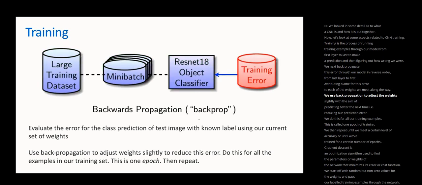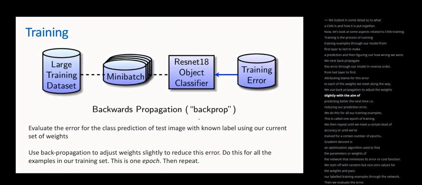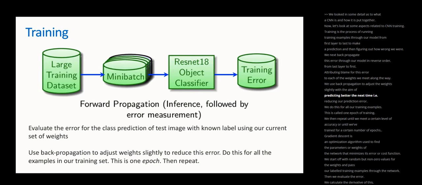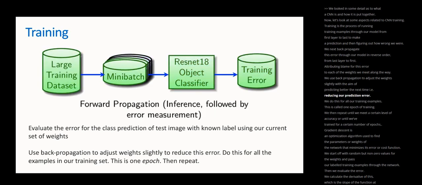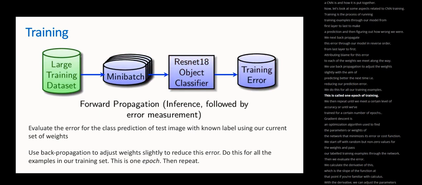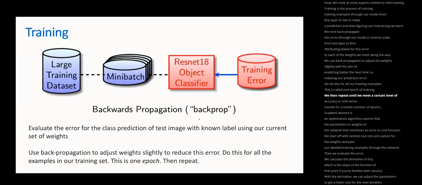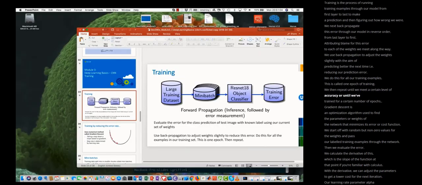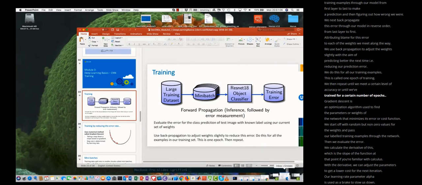We use back propagation to adjust the weights slightly with the aim of predicting better the next time, i.e. reducing our prediction error. We do this for all our training examples. This is called one epoch of training. We then repeat until we meet a certain level of accuracy or until we've trained for a certain number of epochs.